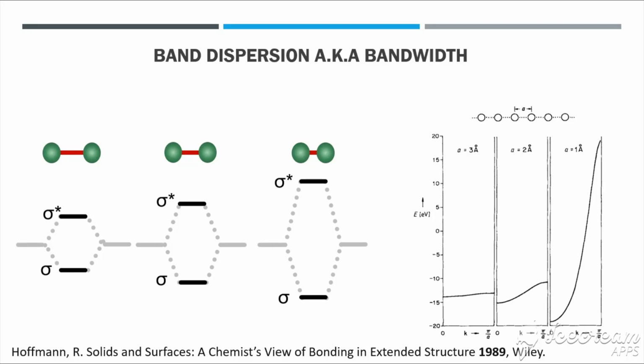As you compress the hydrogen chain, you see the destabilization of the highest energy orbital and the stabilization of the lowest energy orbital. So the band gets longer, or in this case, more dispersed. What gives rise to band dispersion is the overlapping of the interacting orbitals. The more overlap you have, the more dispersed your band will be.